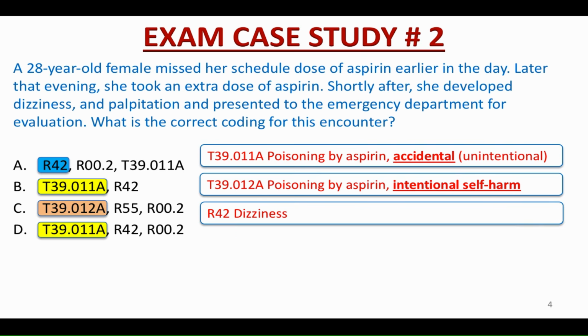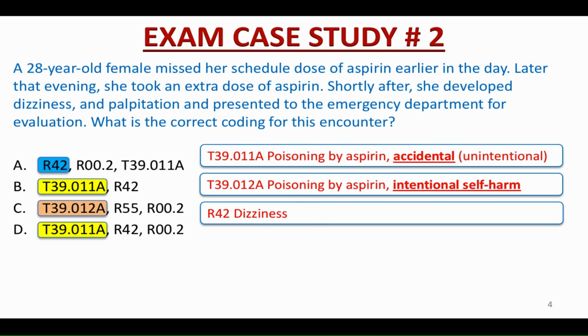Now, after this step, you should already have an idea of what this case is about, even without reading the question. Based on the code descriptions, this case is about adverse effect versus poisoning. Your focus now is to determine if it is poisoning, and if so, whether it is accidental or intentional self-harm.